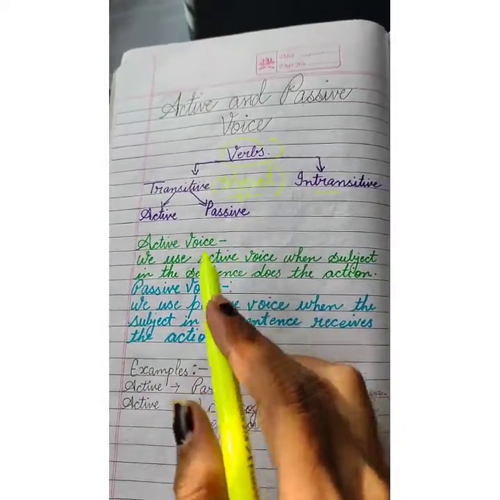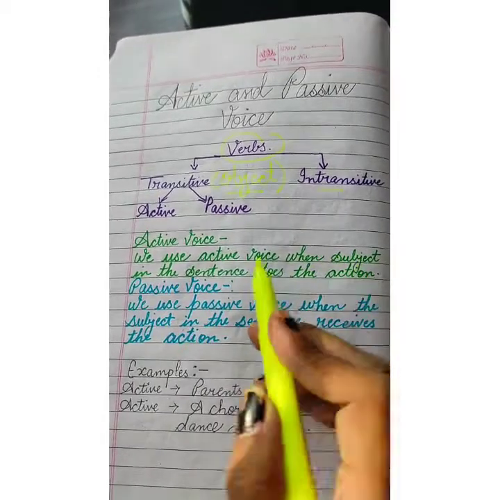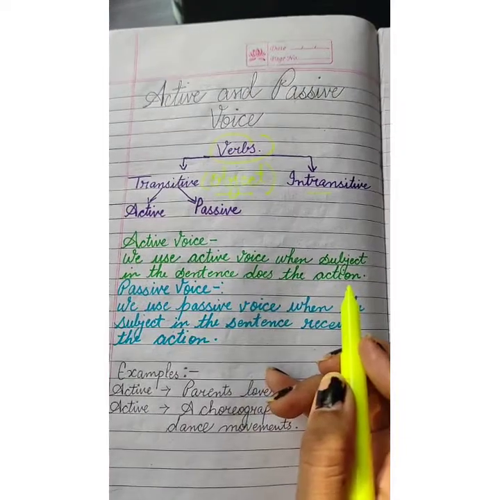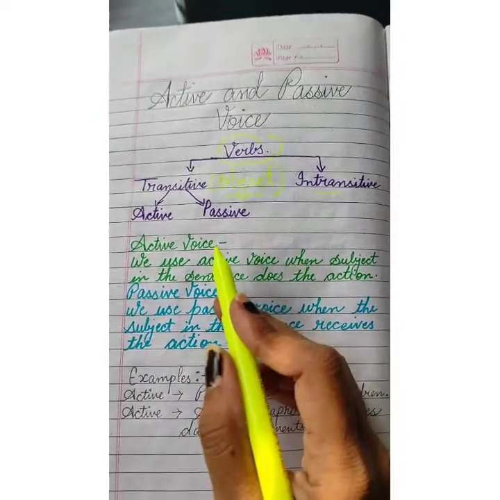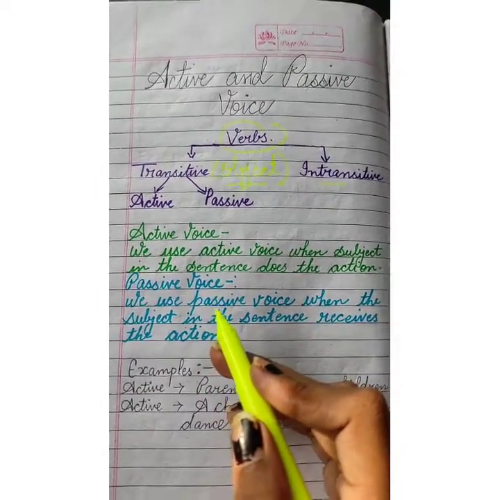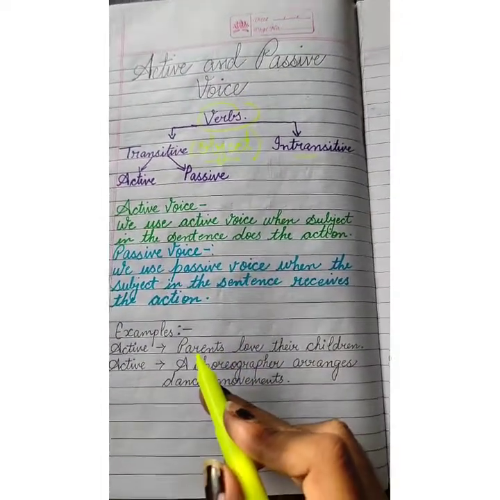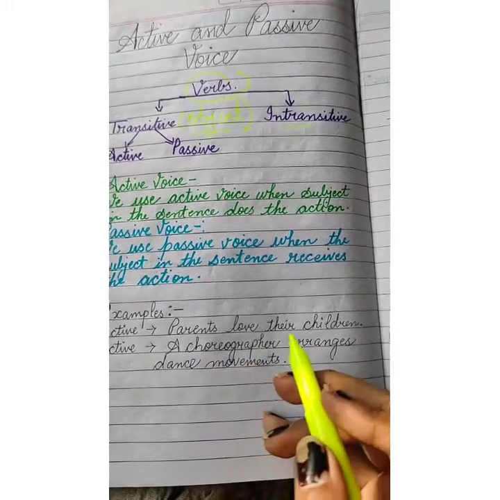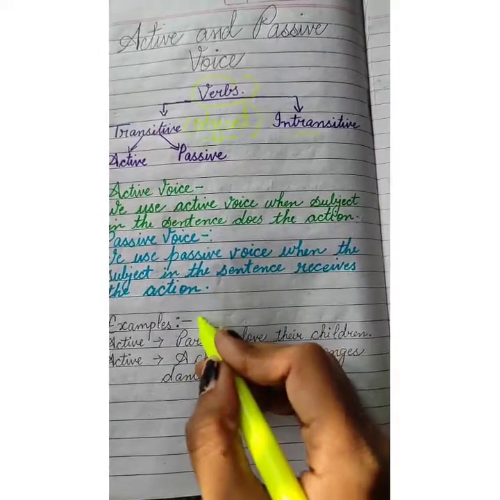Active voice: we use active voice when the subject in the sentence does the action. Alright, so in the active voice, the subject of the sentence is the doer of the action. Let's see this example here. Parents love their children. Parents here is the subject.